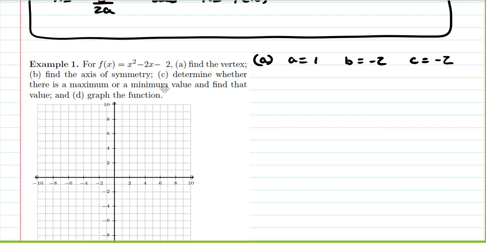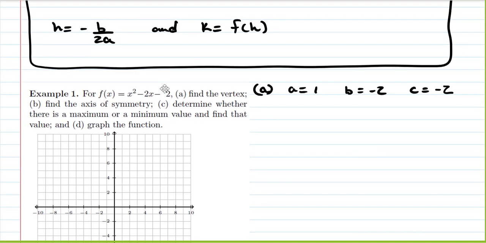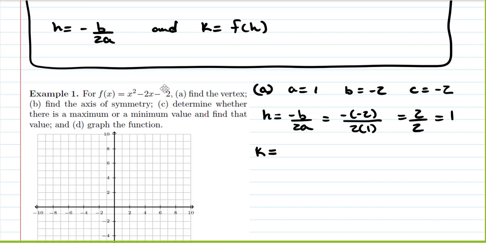All right, so then we want to use our vertex formula. So h is equal to negative b over 2a, so that's negative negative 2 all over 2 times 1. So that's positive 2 over 2, which equals 1. So that gives us our h. To find our corresponding k value, we do f of h.